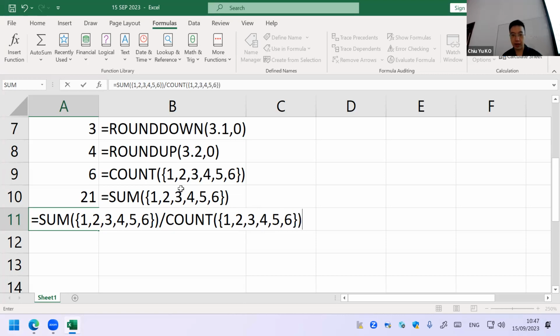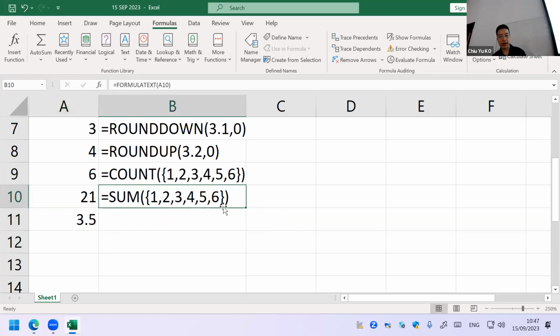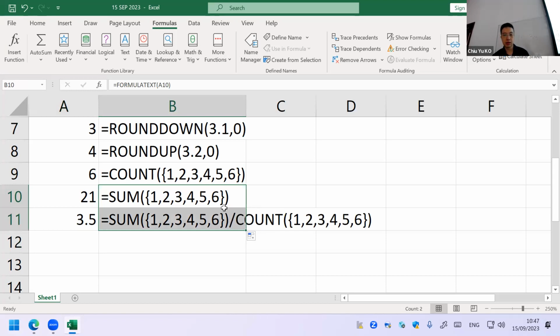Okay, so that would be the case. You get the mean of 3.5, right? So that would be the way that you would start from scratch.